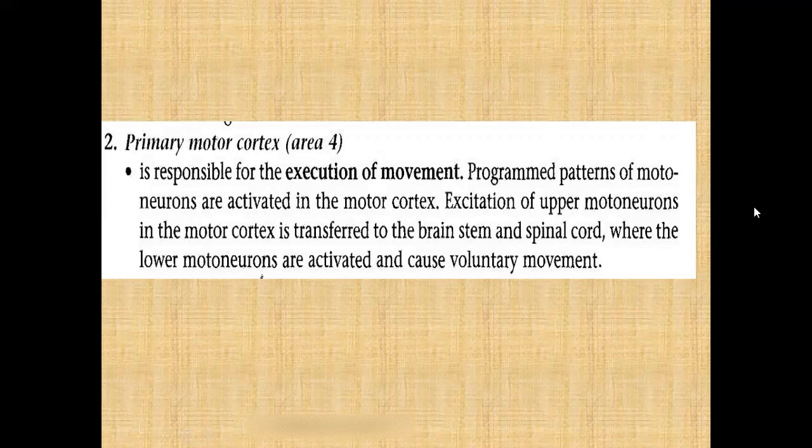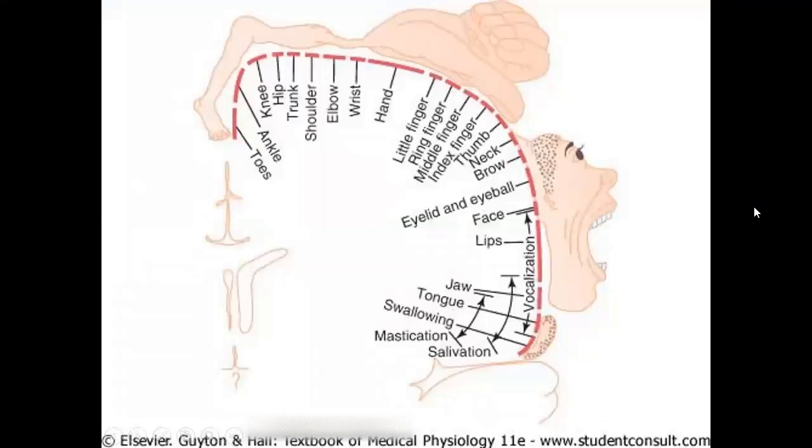Now let us have a close look at the motor cortex, which is depicting the motor homunculus. We all know the sensory homunculus, which is the representation of the sensory receptors in the different parts of our body on the brain. And here is a representation of the motor effectors of different parts of our body in the motor cortex, or the motor homunculus.